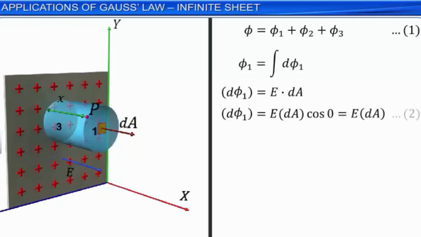It is important to note that E is constant in magnitude for all points on S1. Now, Phi 1 is equal to integral EdA. Since E is a constant, it is taken out of the integral. Then, Phi 1 is equal to E into integral dA.